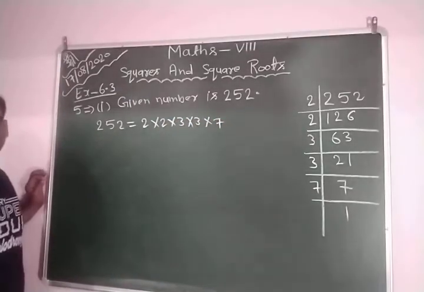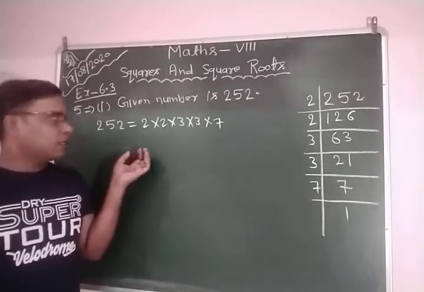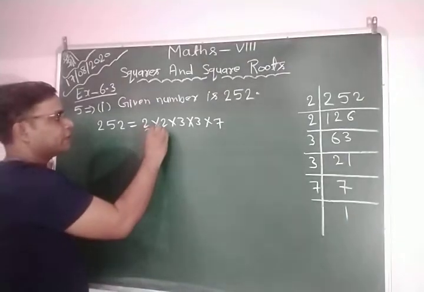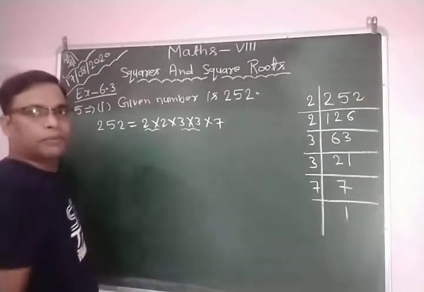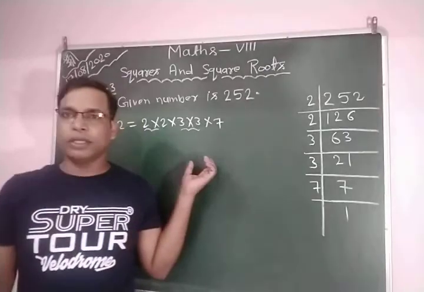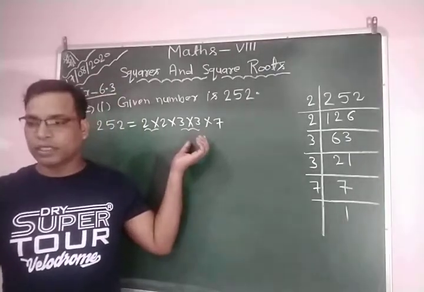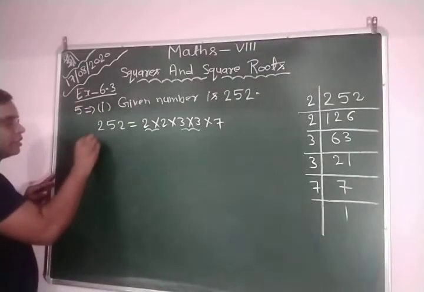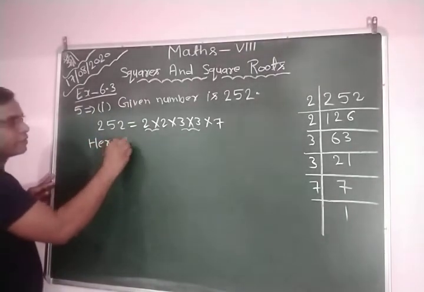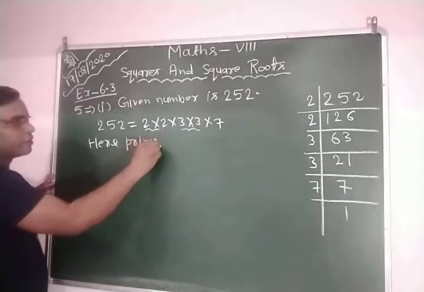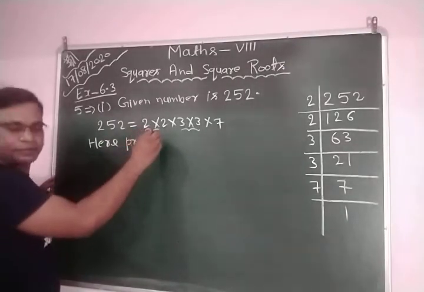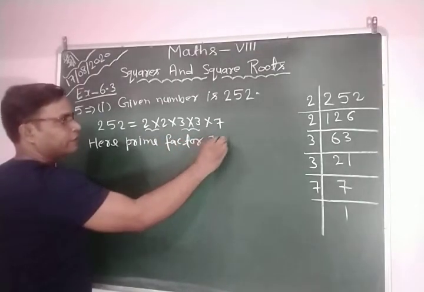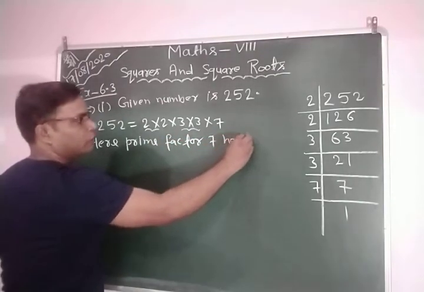Okay, so here you can see this 2 is in pair, 3 is in pair, but 7 has no pair. Prime factor 7 has no pair.